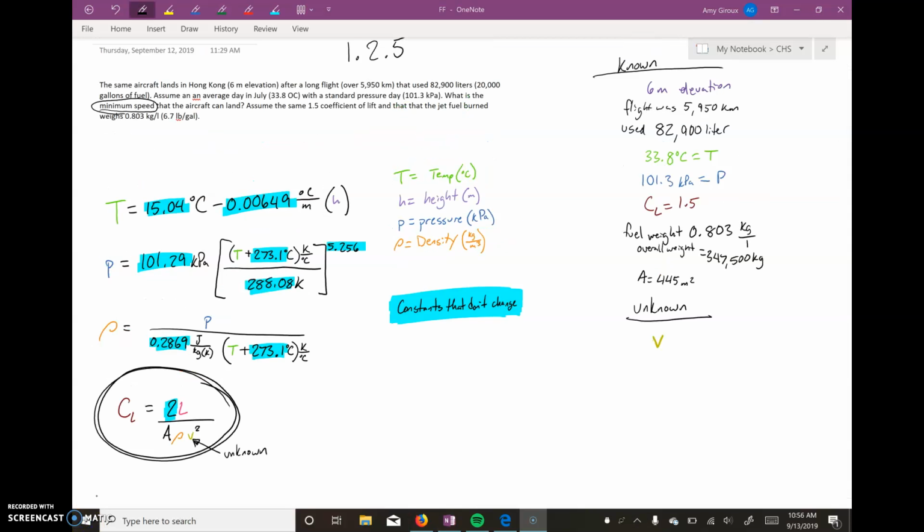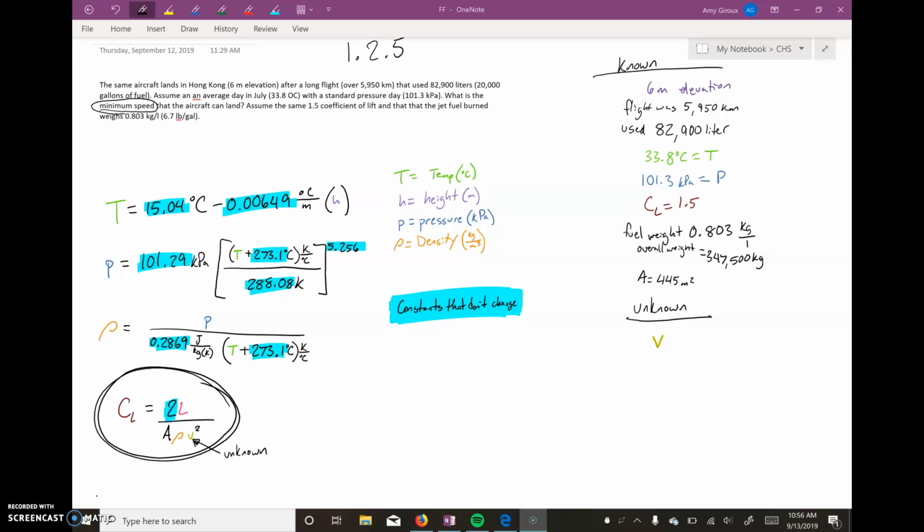All right, we have most things colored in now. We have our temperature, so we don't need our first formula. We have our pressure, a standard pressure, which is great. Then, to find our velocity, we need to see what else we need. It gave us CL, so we have that from the question. Our lift, we don't know yet.